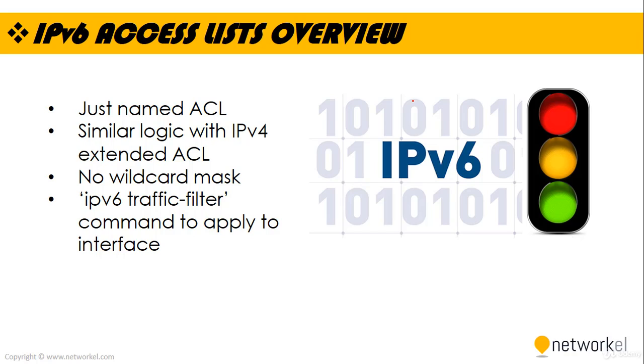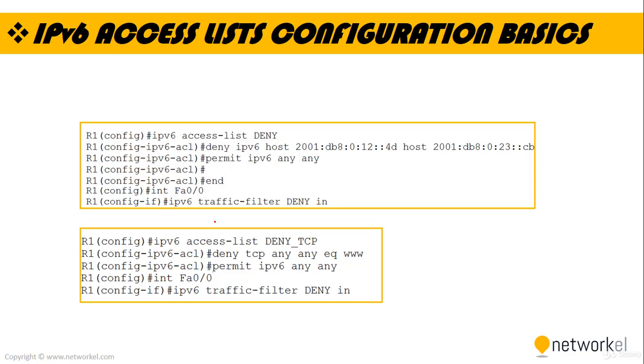We can only use named ACLs for IP version 6 networks, and we have similar logic to IP version 4 extended ACLs. But here we don't have any wildcard mask, and we are using the ipv6 traffic-filter command to apply the access list to the related interface.